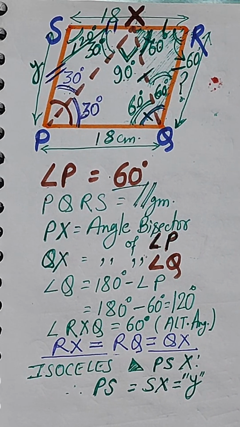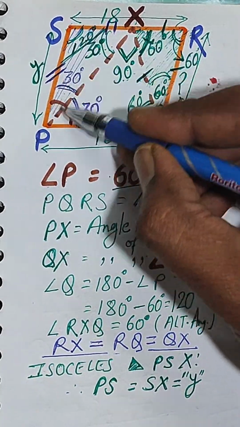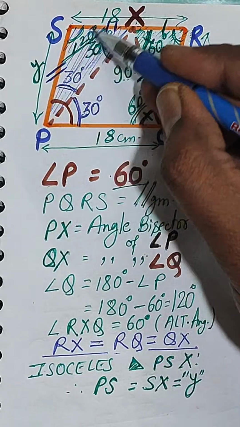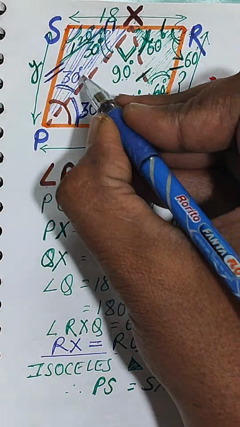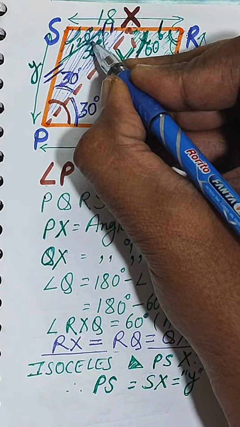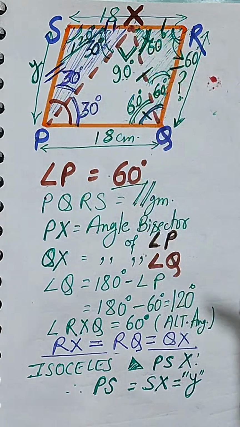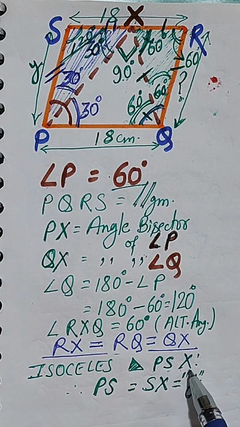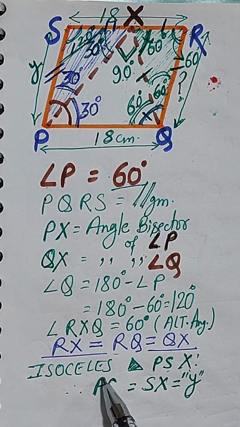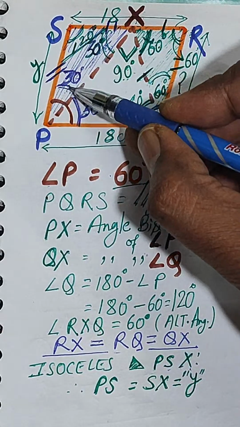this is an isosceles triangle. I am saying for this triangle, right? Because one angle is 30 and this angle is also equal to 30. So this triangle PSX is isosceles. That means two of its sides opposite to the equal angles are equal.